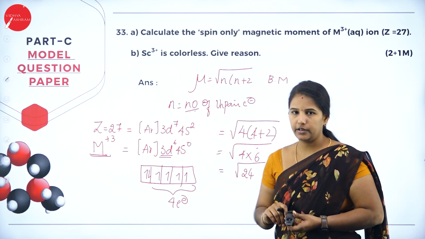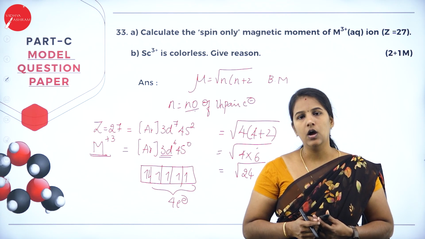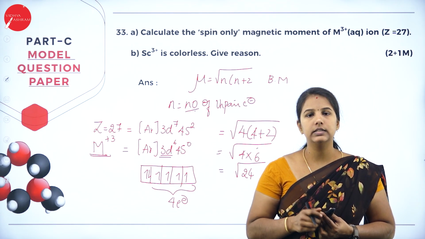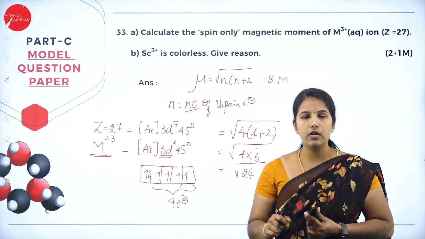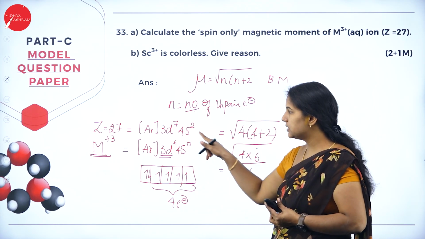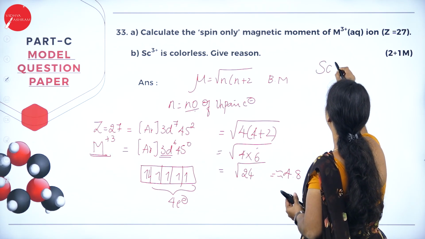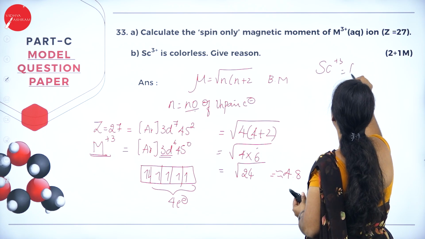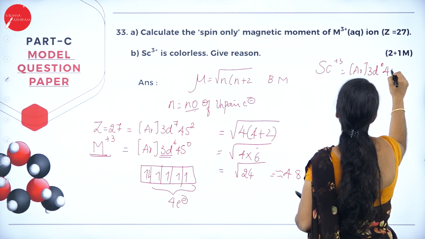Then coming to the second question, scandium in a plus 3 oxidation state is colorless. What is the reason? We know that scandium in the plus 3 oxidation state has 0 electrons in the 3d orbital as well as 0 electrons in the 4s, correct? So its electronic configuration, scandium in plus 3, is argon 3d0 4s0.